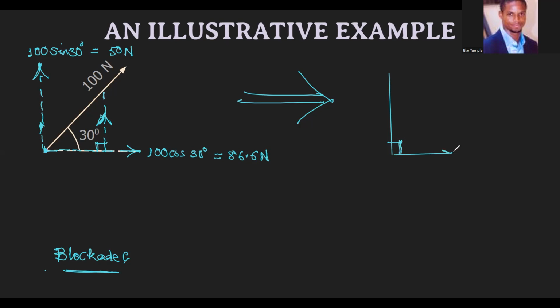Let's give the arrows. Now we can look at the values. The magnitude of the horizontal component, 86.6 newtons. Let's load it. 86.6 newtons. And the magnitude of the vertical component, 50 newtons.